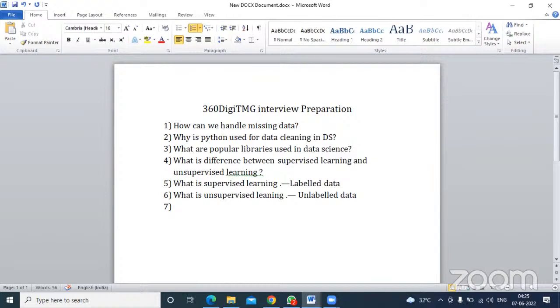There are patterns in the data, and they form clusters, and on the basis of that the model will train and give the output. There is a third type of learning, which is reinforcement.